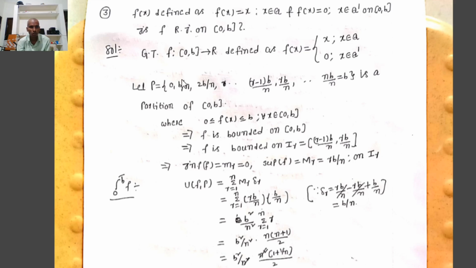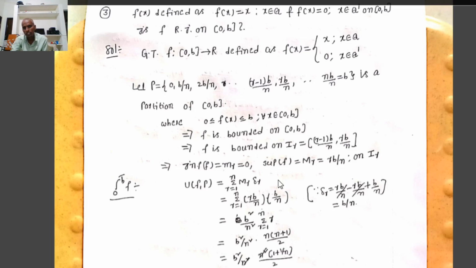F has infimum 0 and supremum b. F is bounded on [0, b], that implies f must be bounded on Ir = [x_{r-1}, x_r] = [(r-1)b/n, rb/n], where f has infimum always 0 and supremum rb/n, since (r-1)b/n ≤ rb/n. Therefore the infimum of f(x) = f(x_{r-1}) = small m_r = 0. The supremum of f(x) = capital M_r = f(x_r) = x, meaning rb/n.